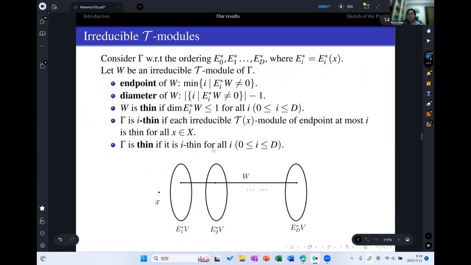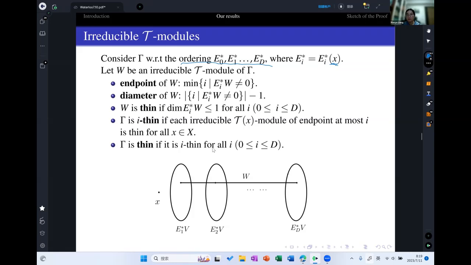So for an irreducible T-module, we can define some concepts on it. Firstly, we give an ordering of Ei star. Usually, we just use E0 star, E1 star, up to Ed star. Here is the ordering related to the distance. We define the endpoint of W as the minimum i such that Ei star W is non-zero.